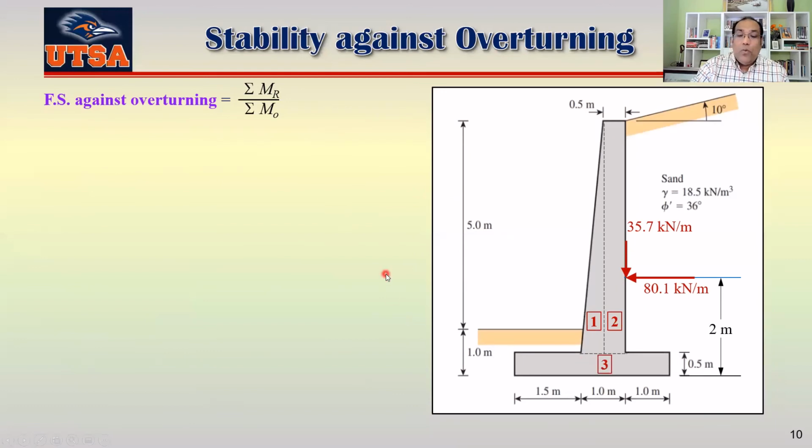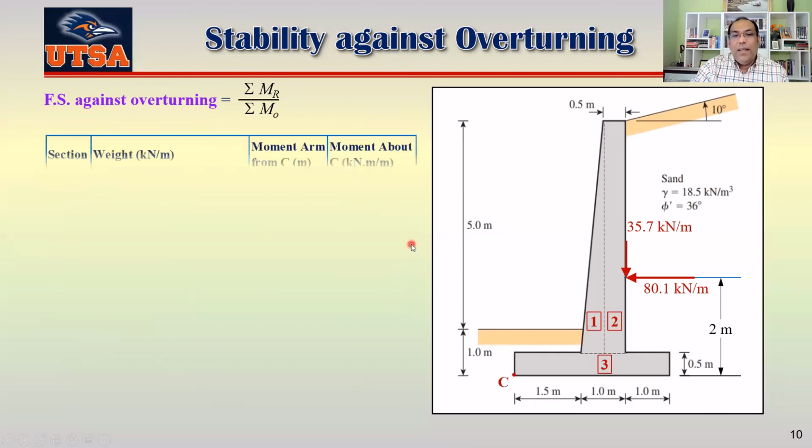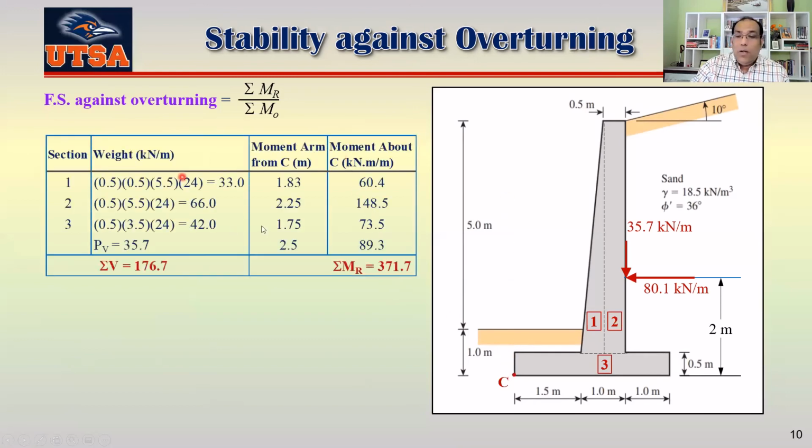Now we also have to take the moment from here, so we have to measure the distance from this line here. Okay. So now you can see the table here.